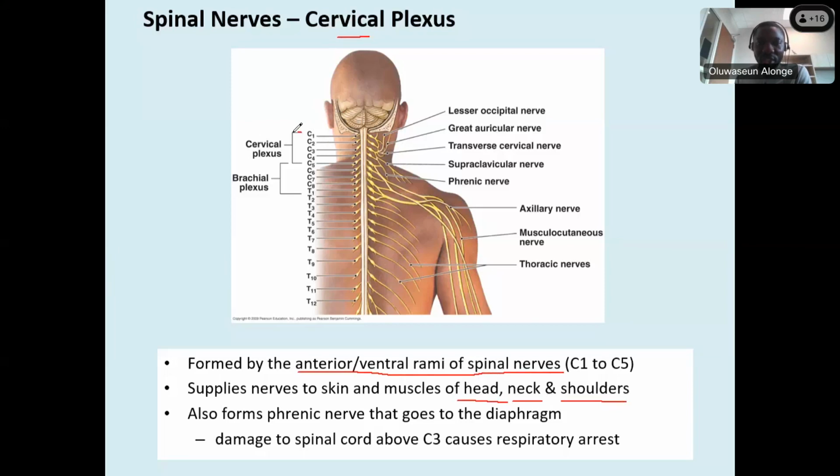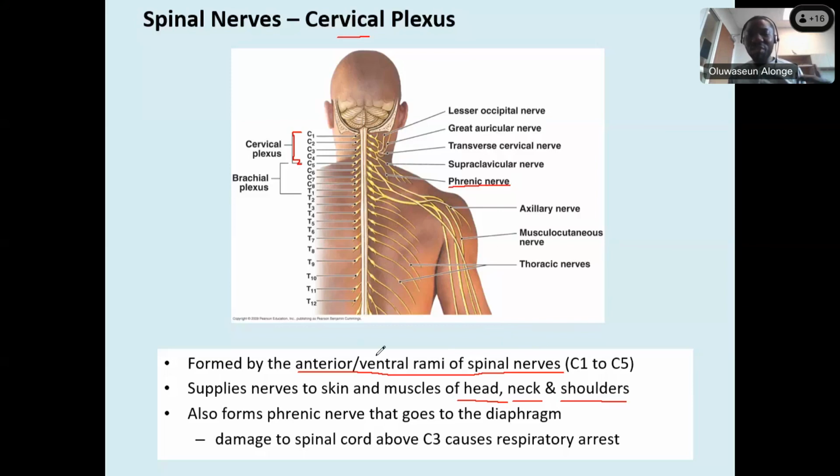Now, when you see the C1 to C5, the anterior ramus of C1 to C5 forms the cervical plexus, right? So that means if there's any damage to any area around that area, it will affect some of the innervations to that area. For instance, the phrenic nerve serves the diaphragm. I know diaphragm contraction and relaxation is what leads to respiration, inspiration and exhalation, right?